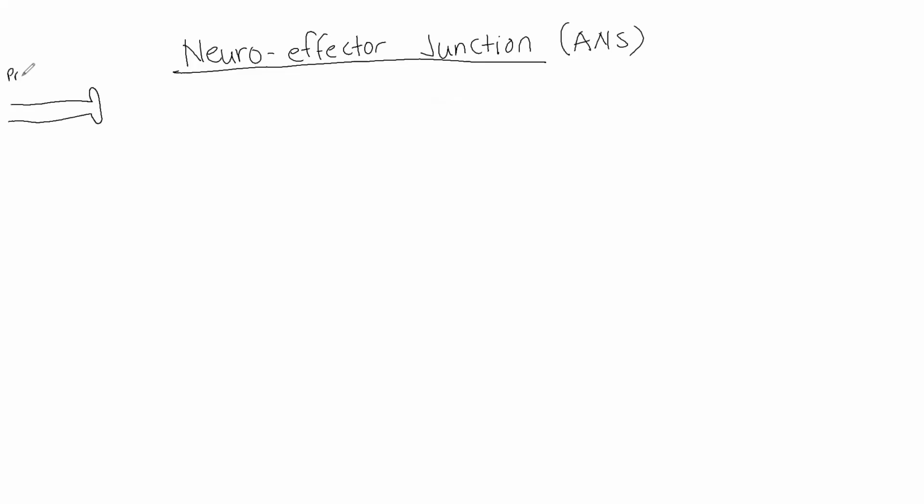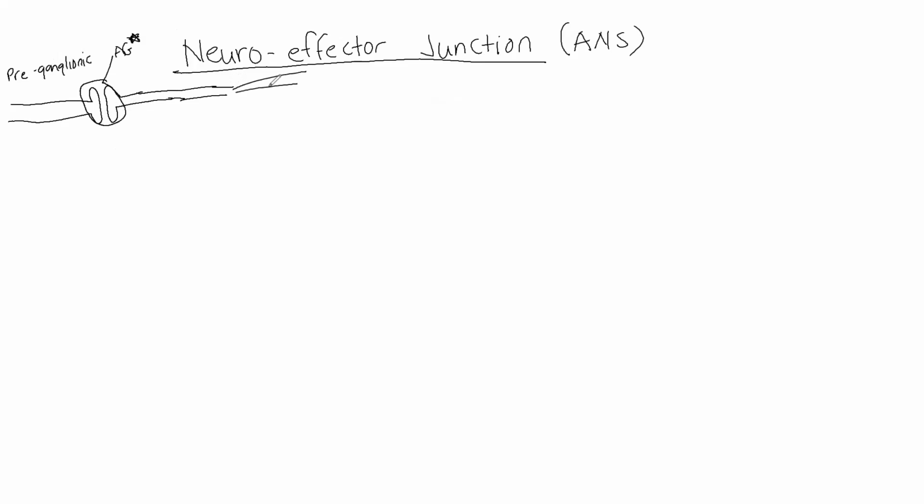Briefly, we've got a preganglionic neuron, and this is that discrete axon terminal that I've been talking about, okay? So at our initial synapse, remember this is the autonomic ganglia here. I'll just put AG. And at the end of this postganglionic neuron, we don't have this discrete axon terminal.